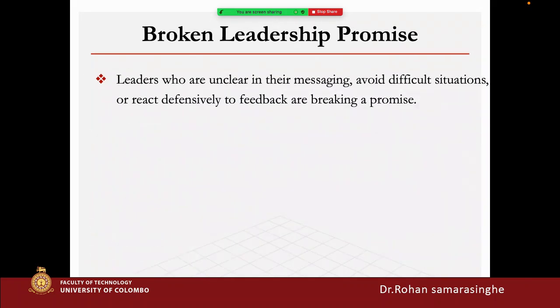And also leaders who are unclear in their messaging, avoid difficult situations or react defensively to feedback are breaking promises. Sometimes you have seen that in a critical situation they leave that place. So I don't think that they are leaders.